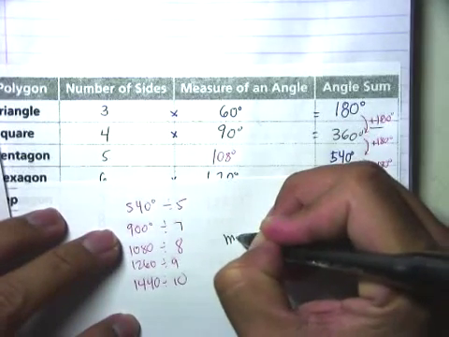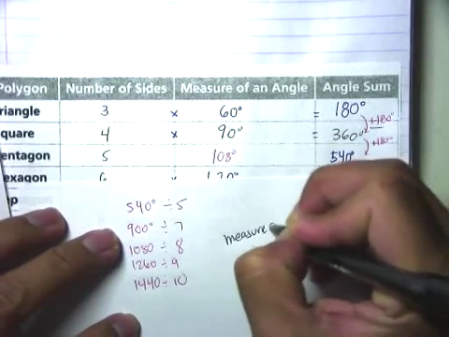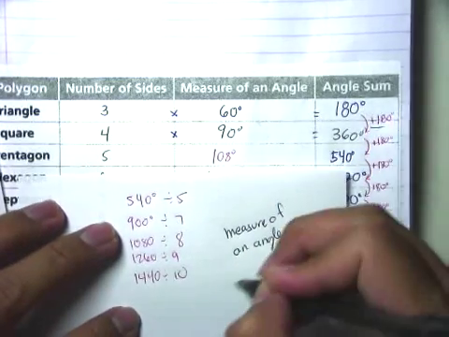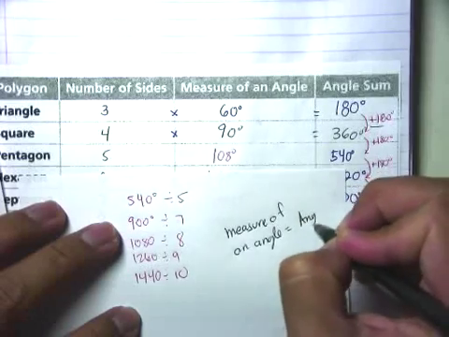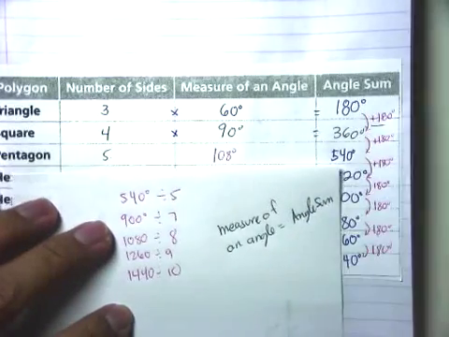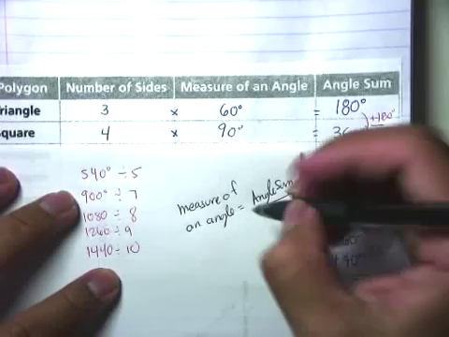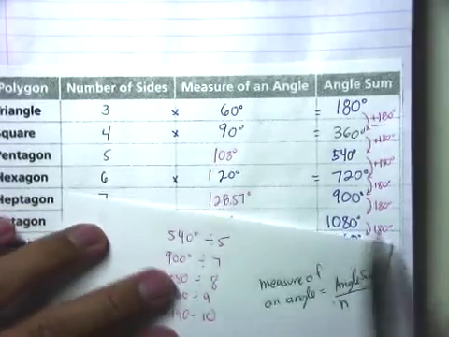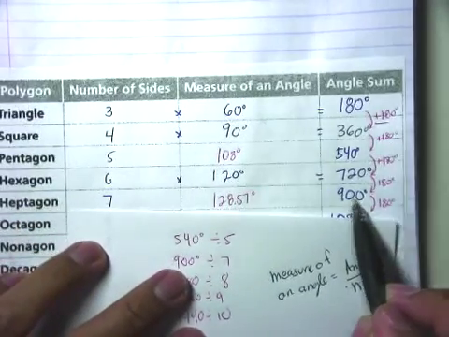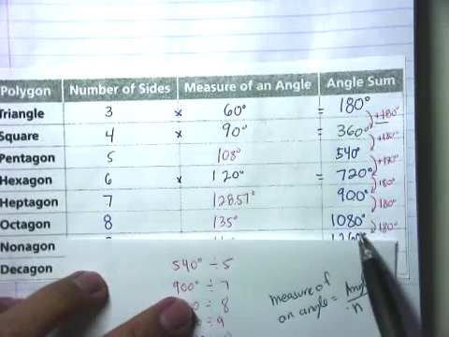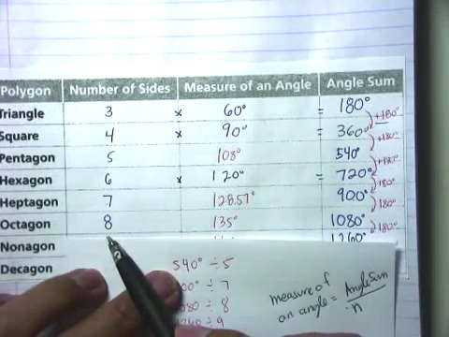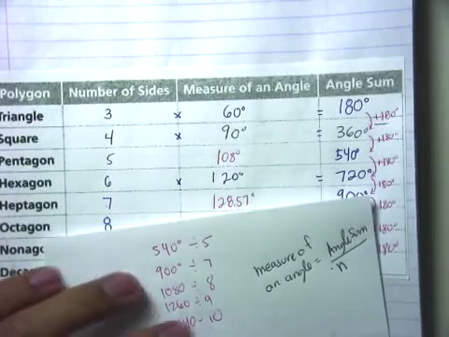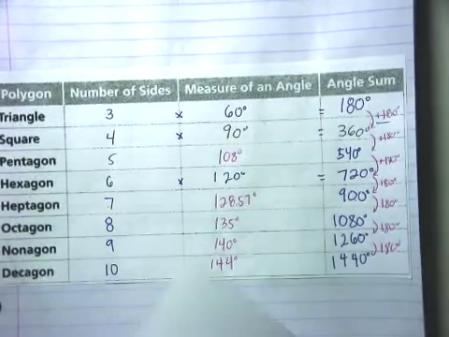So in order to find the measure of an angle, the measure of an angle should be equal to the angle sum divided by number of sides. In this case it was angle sum 900 divided by 7. In this case it was 1080 divided by 8. Okay, so I'm going to put all these things together.